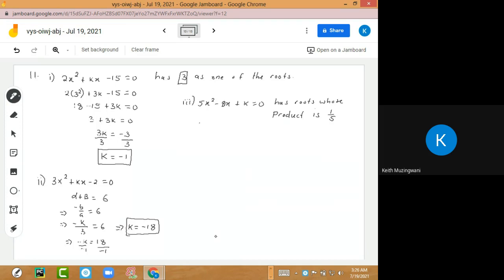So we know that the product is alpha beta. It's been given as 1 over 5. We know that it is just C over A, that should be 1 over 5. But C is K, A is 5, equal to 1 over 5. If you cross multiply, we will get 5K is equal to 5 divided by 5. So K is equal to 1. Like that.